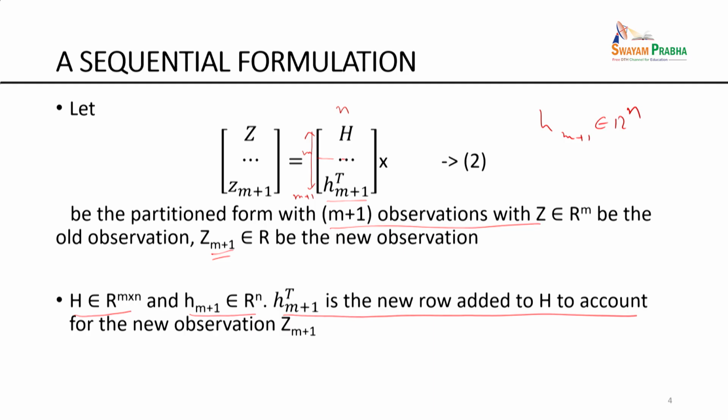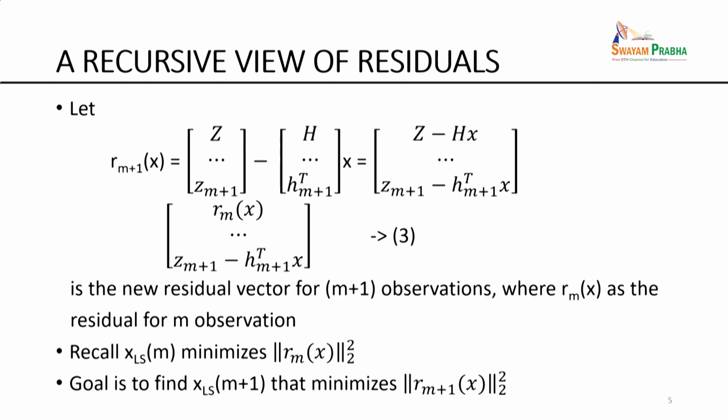So I have to solve the new least square problem. So how do I solve the new least square problem? I am going to take a recursive view of the residual. So this is the old residual z minus H of x. The new component of the residual is z_{m+1} minus h_{m+1} transpose x, and that is given by these matrix relations. And this is R_m of x. Please understand z minus H of x is R_m of x.